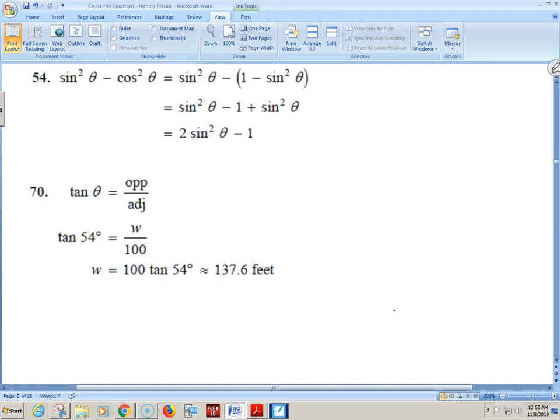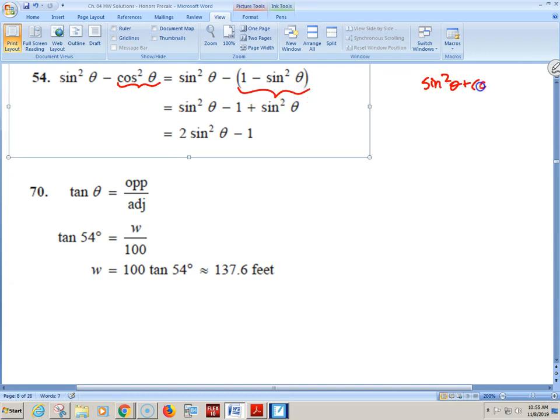And that cosine squared substitution, this 2, remember, came from a rearrangement of sine squared theta plus cosine squared theta is 1. So like I was showing you, you can rearrange them. So then they made that substitution, and that's how they plugged that in.